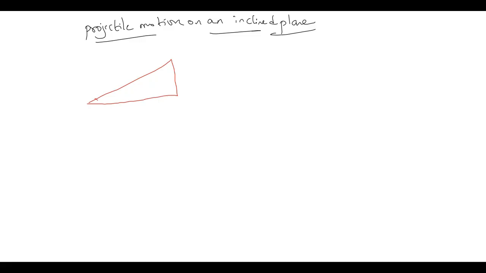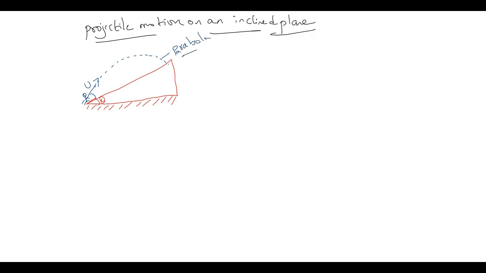This is the ground. From the ground it is at some angle, right? Now from this bottom you are throwing with a velocity u, and the path followed by the body is a projectile, a parabola.